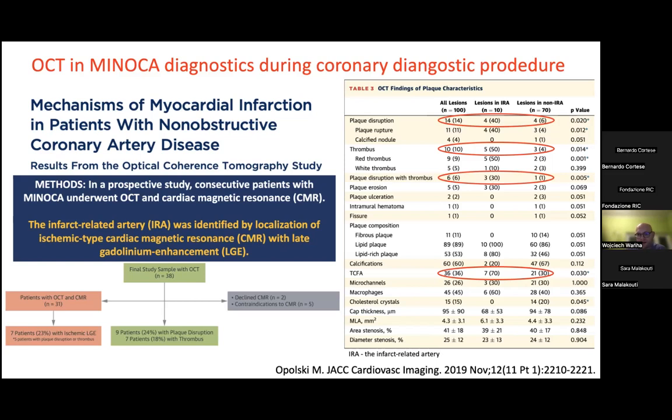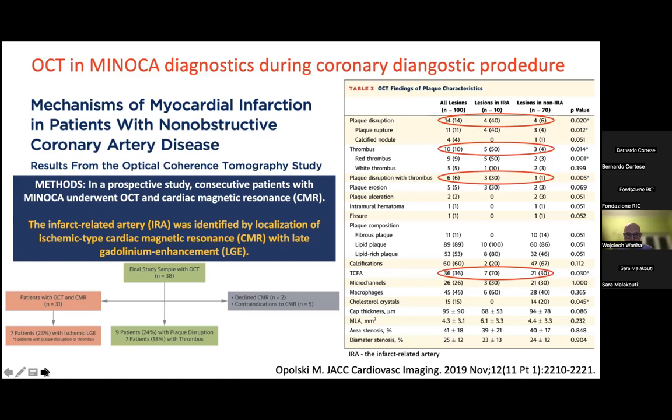And what did they find in patients with non-obstructive coronary artery disease and MINOCA? In lesions which were responsible for myocardial infarction, so the infarct-related artery, compared to lesions which were not diagnosed as infarct-related artery, those lesions had a significantly higher rate of plaque disruption, thrombus, plaque disruption and thrombus, and TCFA.